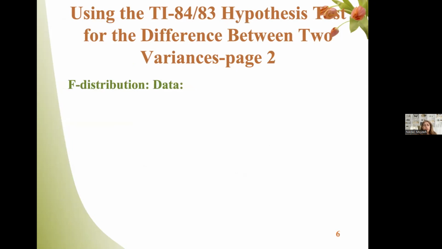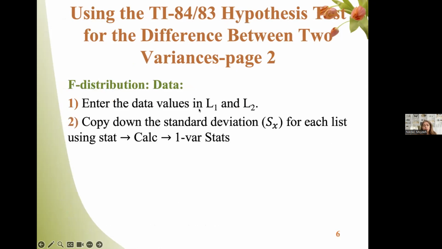What do you do for the data? Enter the data values in list 1 and list 2. Copy down the standard deviation Sx. So after you enter your data in list 1 and list 2, you have to copy whatever information the calculator gives you.